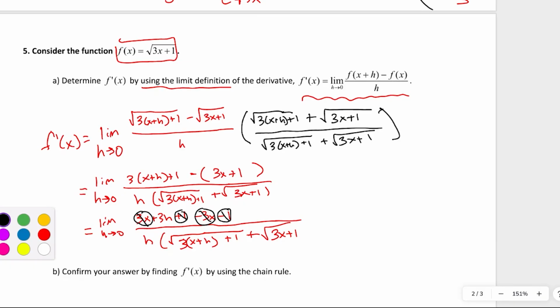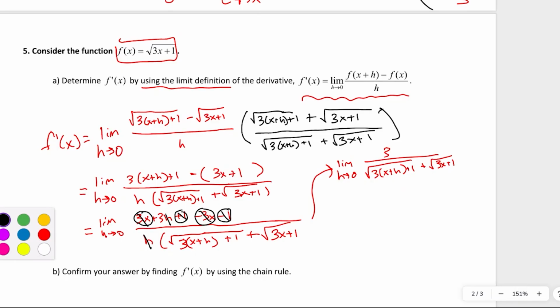And h divided by h is 1. So we can reduce these two to 1. And so now we've got this expression, the limit as h approaches 0 of 3 over the square root of 3 times x plus h plus 1 plus the square root of 3x plus 1. And now I can plug in 0 for h.